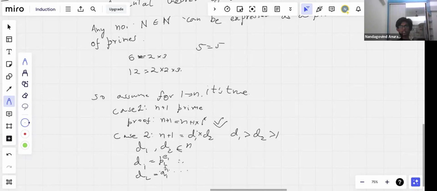So that's a product of primes. In case any pi is equal to qj, then we just merge the powers together. So this is how you express any natural number as a product of primes.